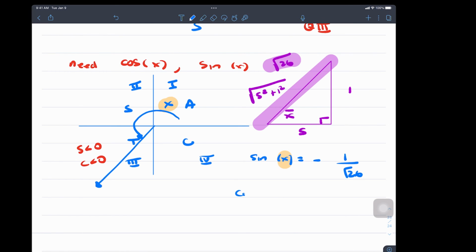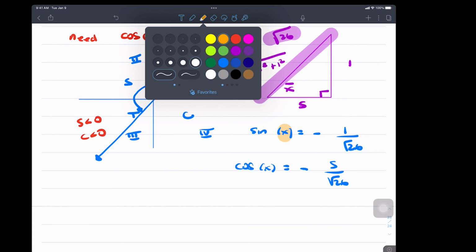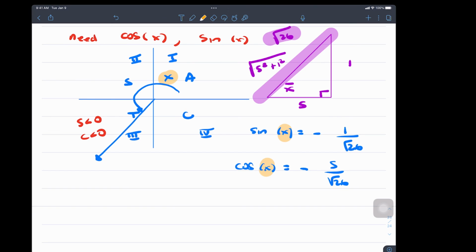We can rationalize the denominator. And then cosine of the full angle, what's cosine? Adjacent, and it's going to be negative as well. Is that right? So it's going to be 5 over the square root of 26 here. Okay? So these are all negatives.